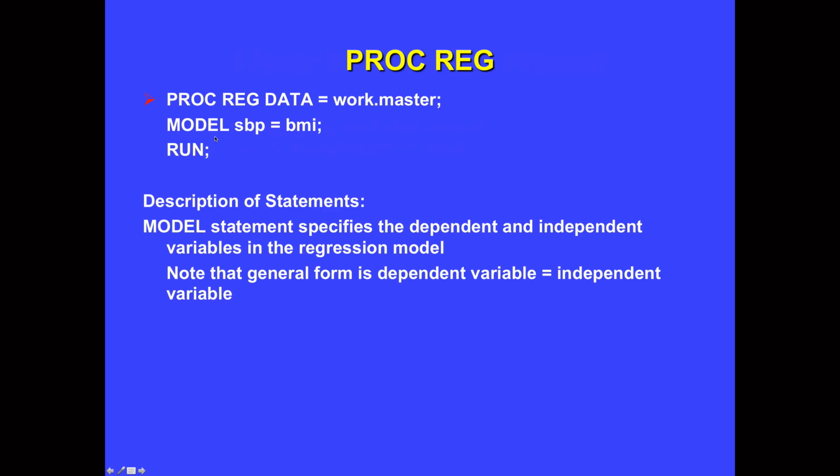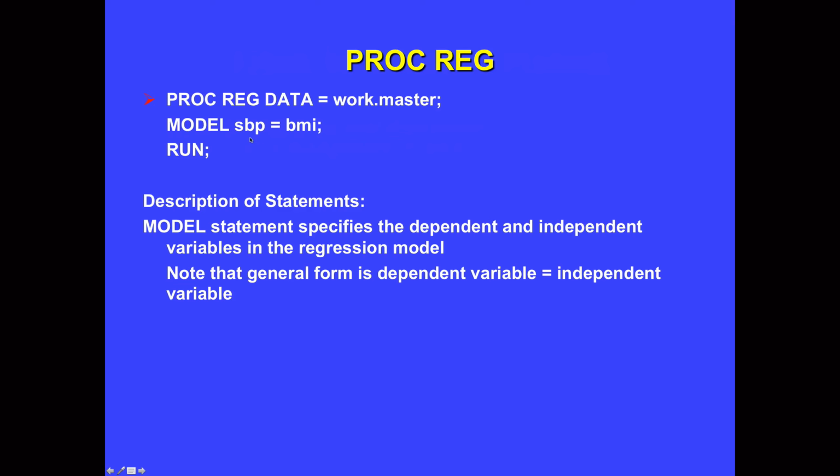And one of the most important statements that you'll use within the context of proc reg is the model statement. The model statement is simply where you specify the regression model that you want SAS to estimate, and the form of that is simply your dependent variable set equal to your independent variable or variables.